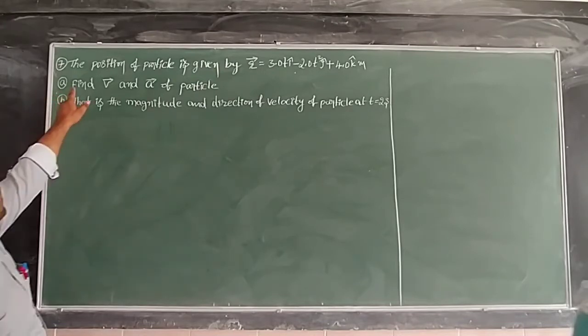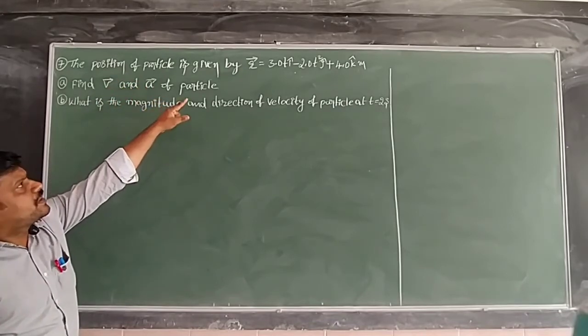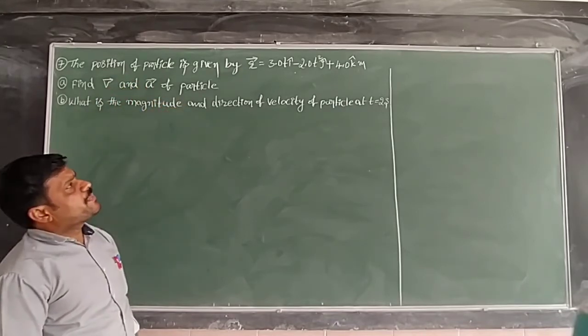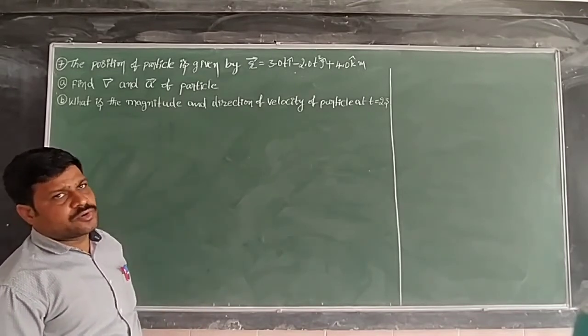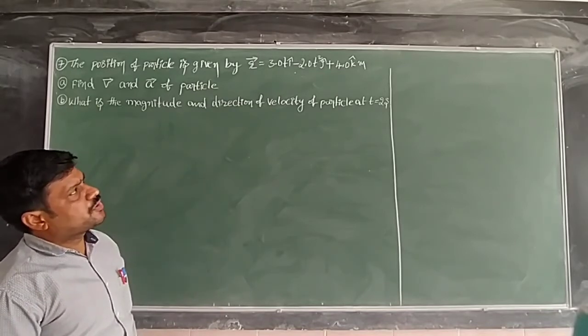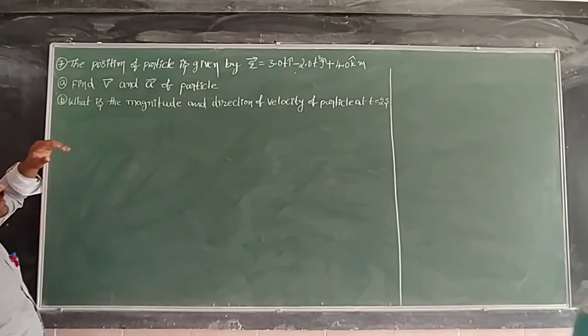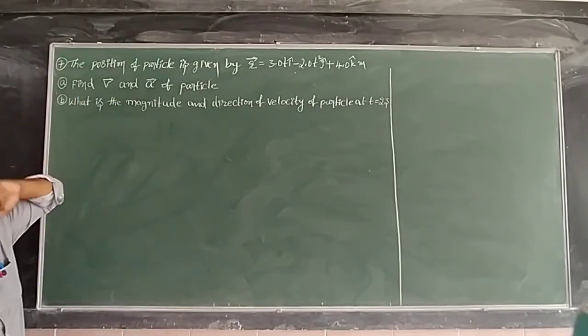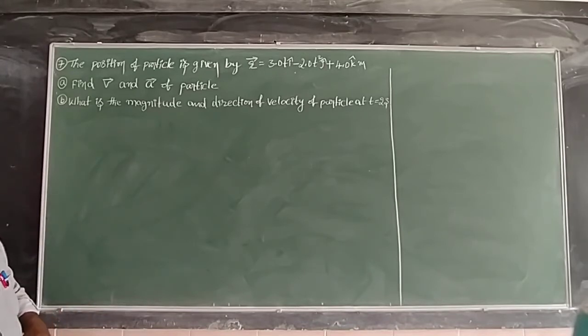Right, look at problem number 7. The position of a particle is given by r bar equal to 3.0 t i cap minus 2.0 t square j cap plus 4.0 k cap meters, where r is given in meters and t is time measured in seconds.